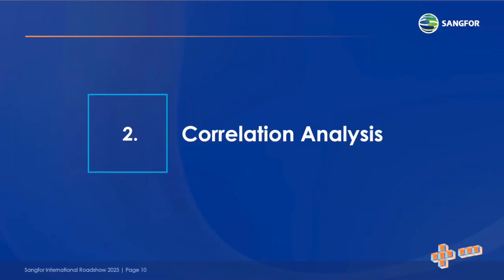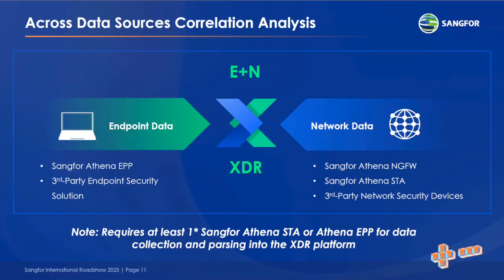How to understand correlation? Because data does not come from a single source. Actually, it comes from our own products, from third parties, from the network, from the endpoint, from email, from the cloud. So we highly focus on the data source, but the major data sources, from our point of view, are endpoint and network.